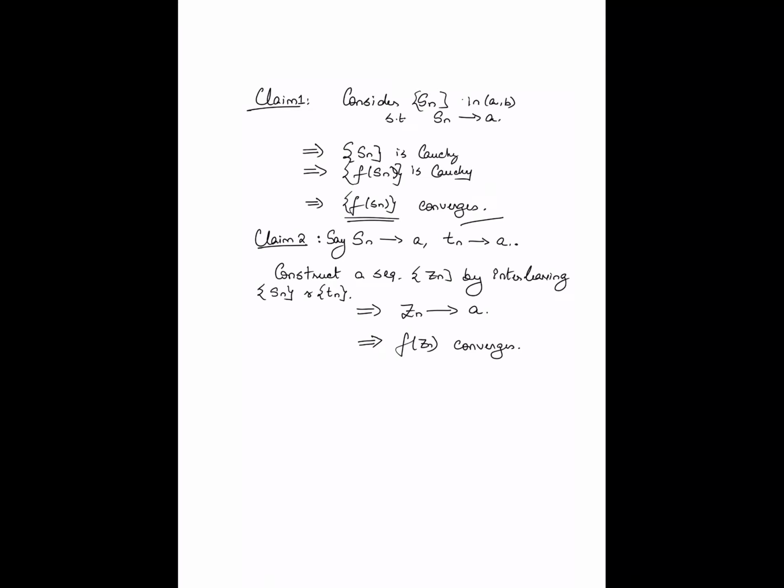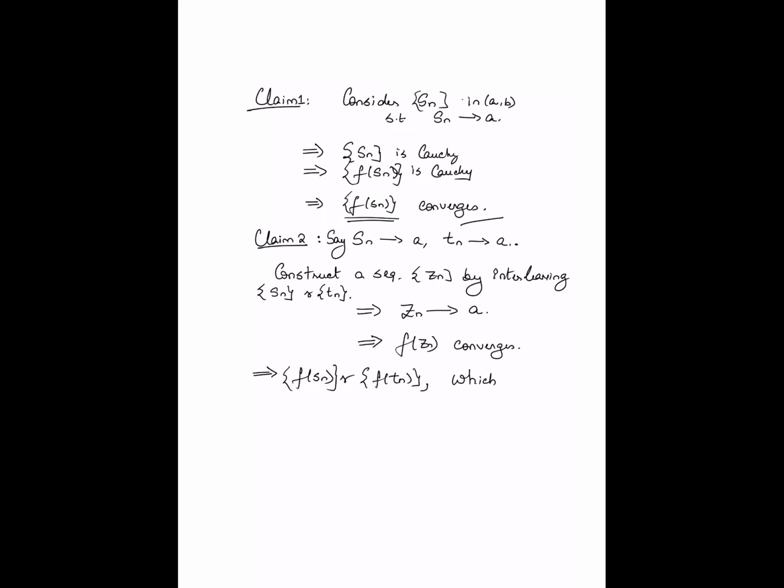So the fact that the f of Zn sequence converges implies that every subsequence of this should converge to the same limit. Specifically, f of Sn and f of Tn should also converge to the same limit.